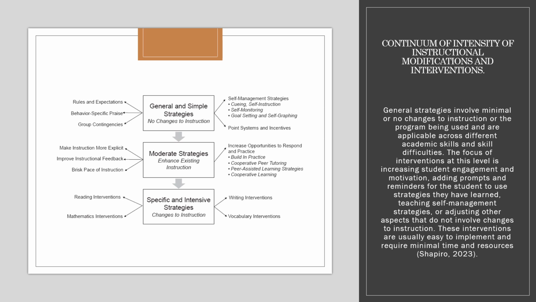The focus of interventions at this level is increasing student engagement and motivation, adding prompts and reminders for the student to use strategies they have learned, teaching self-management strategies, or adjusting other aspects that do not involve changes to instruction. These interventions are usually easy to implement and require minimal time and resources.